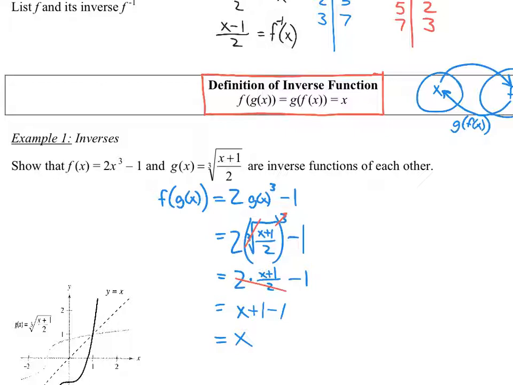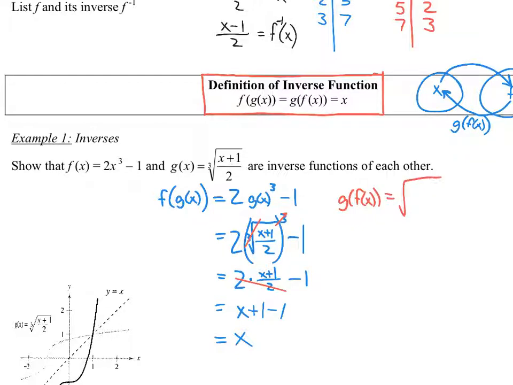When you take the integral, you don't necessarily get back to exactly the same original function. They weren't exactly inverses. So now we've got to try g of f of x. Okay, so g of f of x.